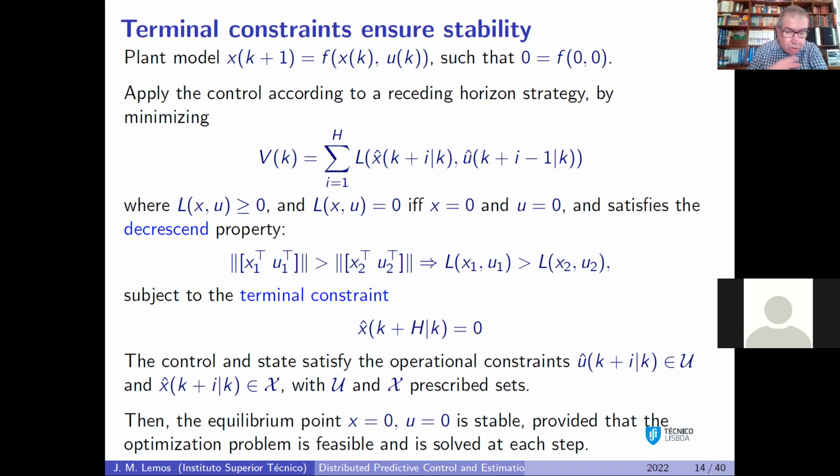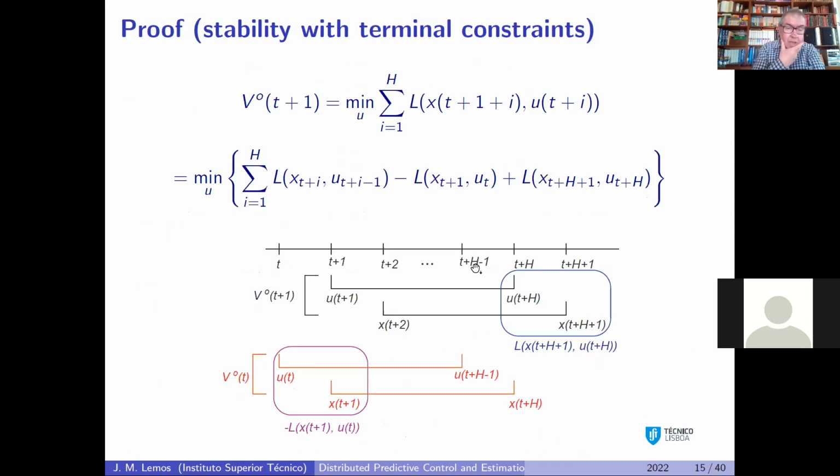So there are no theorems in general, apart from trivial problems, that ensure feasibility of a problem. So we are assuming that the optimization problem is feasible. If it is feasible, then we can prove stability.